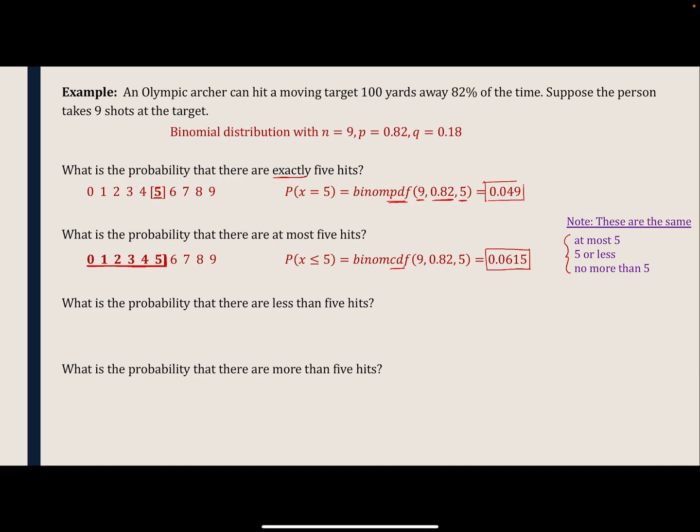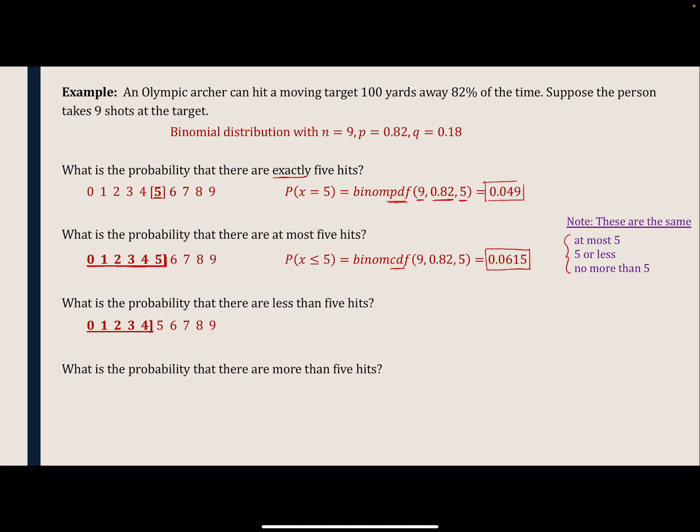It gets a little bit trickier when we have different wording. So notice that the next one, it says, what is the probability that there are less than 5? Less than 5 does not include 5. And because this is discrete, this specifically means 4, 3, 2, 1, or 0.